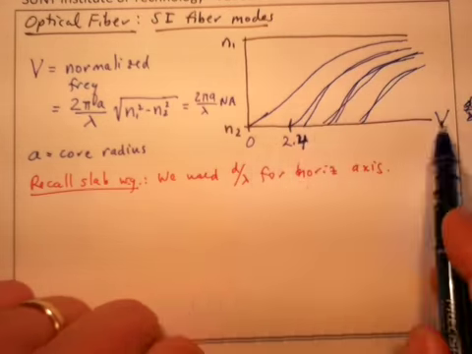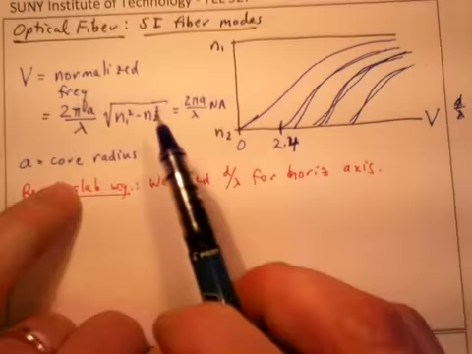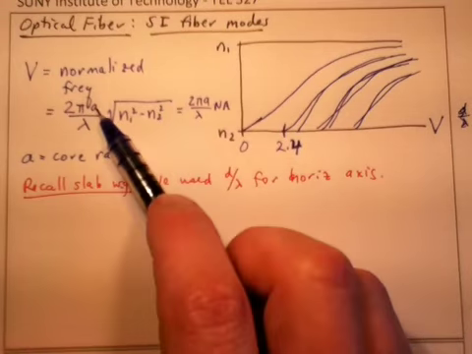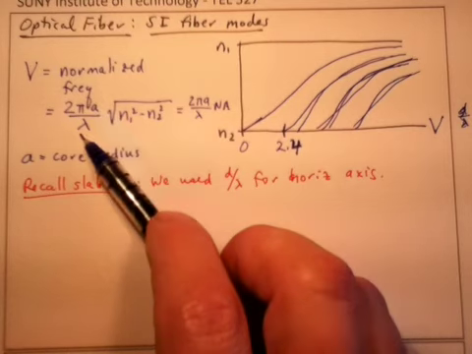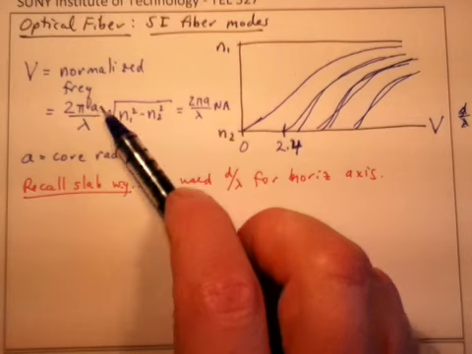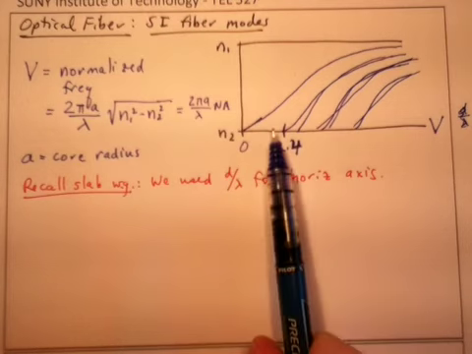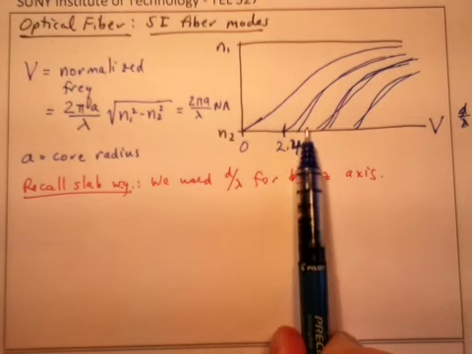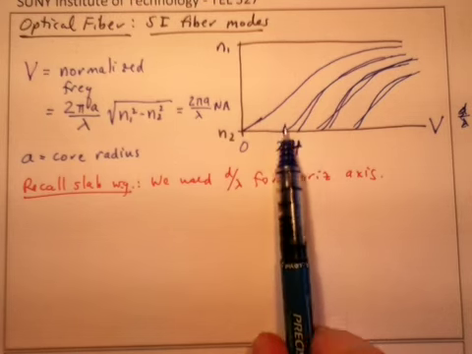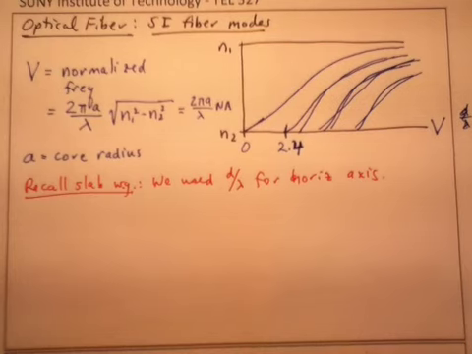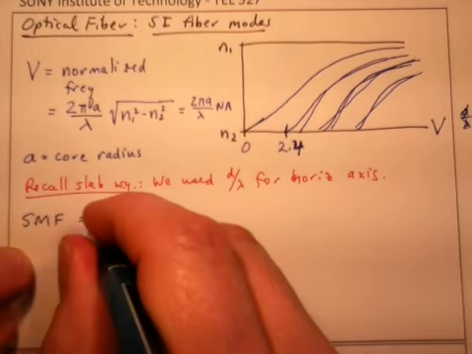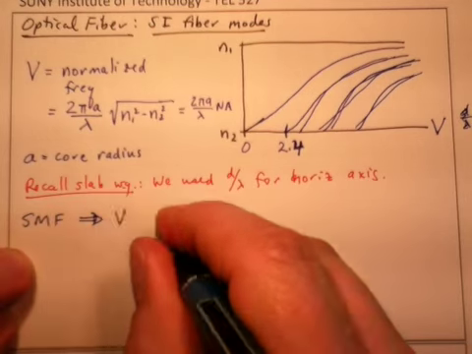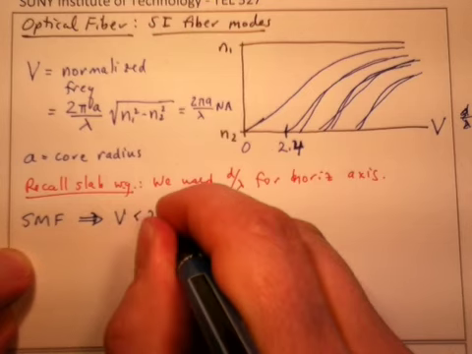So if v is larger than 2.4, that is if either a, the core radius, gets too large relative to lambda, or lambda gets too small relative to the core radius, then it will take v past 2.4 and we will have multi-mode behavior. So we're interested in single mode operation, and single mode fiber implies that we want v to be less than 2.4.